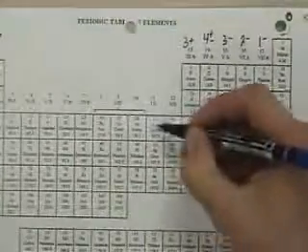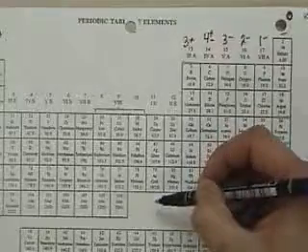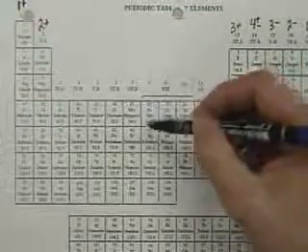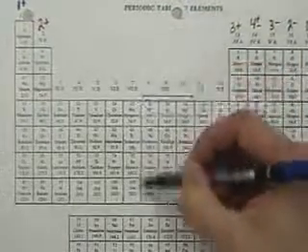Everything in its vertical column is going to be that same charge. If you're using something from this column, you just find something in that vertical column and you use its stock number charge.